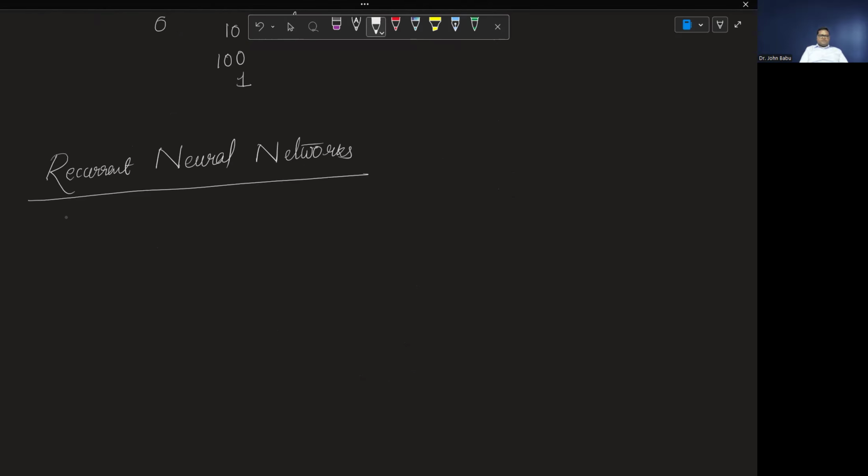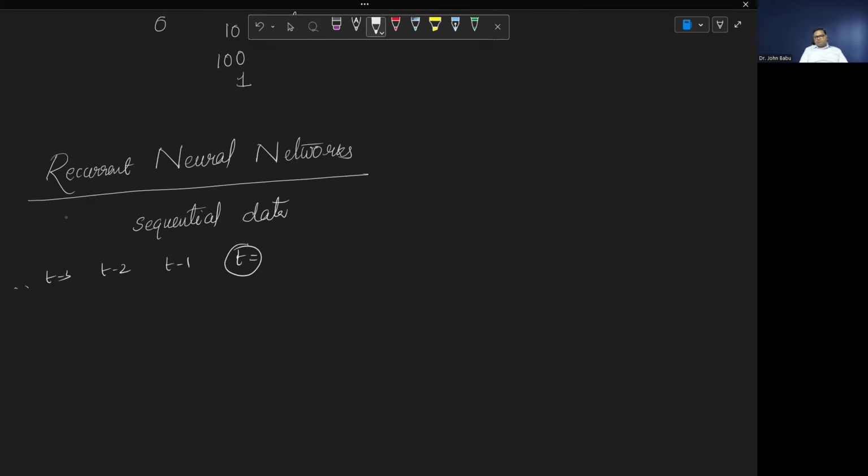Firstly, RNNs will not ignore the sequence information. RNNs are suitable for sequential data. What is sequential data? One step of the data depends on the previous steps. Suppose at time t, the data depends on time t minus 1, time t minus 2, time t minus 3, and so on.